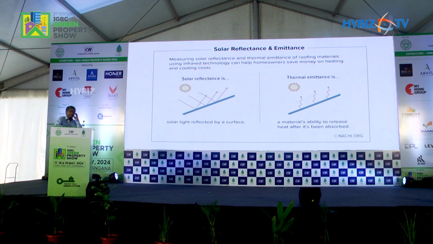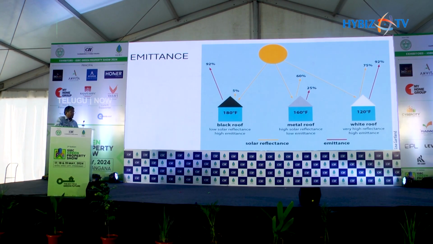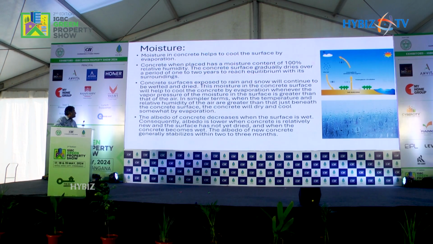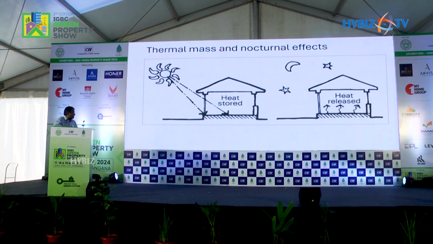One such building is coming up at Bachupally now, where for the college we have proposed no paint to the building at all, both internally and externally, thereby making it a maintenance-free building. Some more information about emittance and the measure of solar radiation; we will not go much into this. Moisture resistance is good.